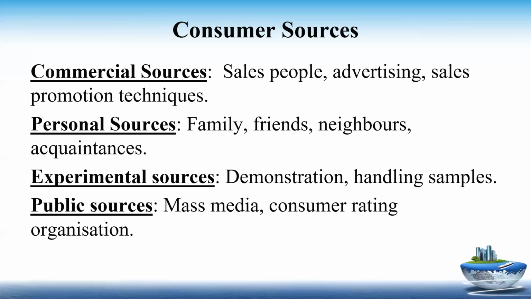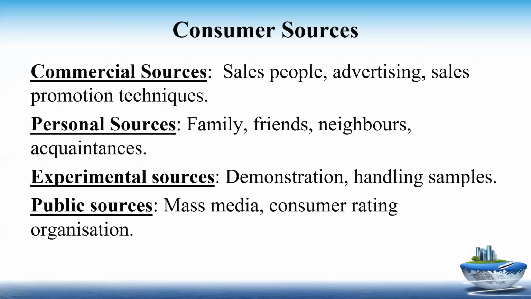Personal sources could be the family, friends, neighbors, acquaintances, peers, and colleagues with whom you are working. These are the personal sources who are giving you information regarding the product or services. Then experiential sources means demonstration, handling samples. You took a sample of a particular product or service and experienced it yourself.